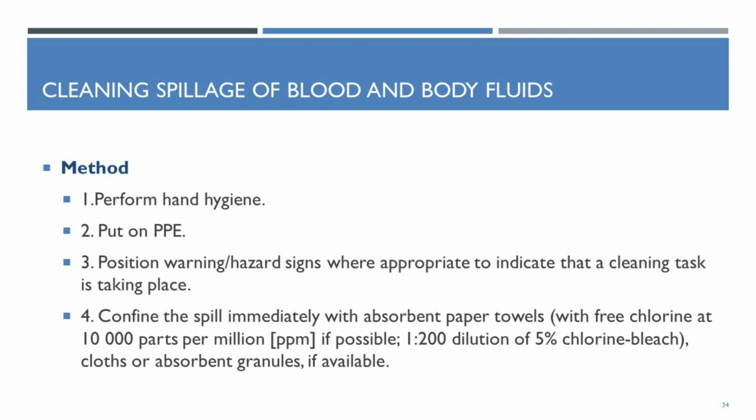So how to use it for body fluids and blood, how to clean it. The method goes like this, as you see, in a number of steps. I think there are 17 or 18 steps. These are very important.